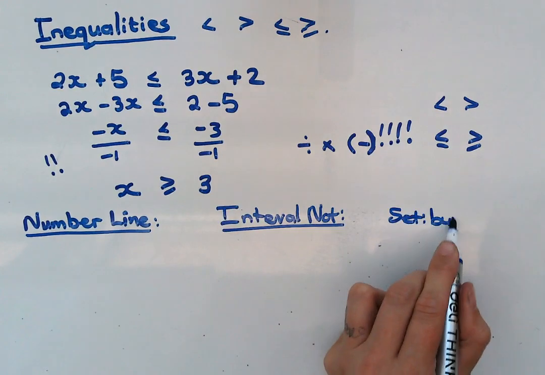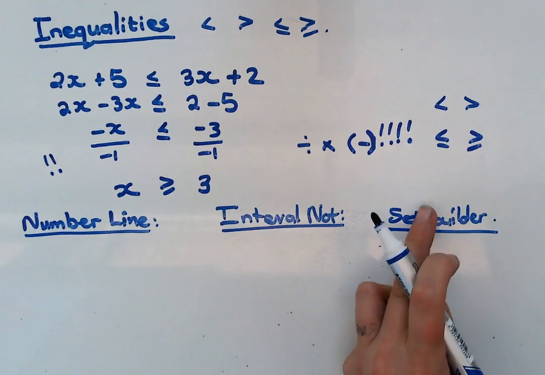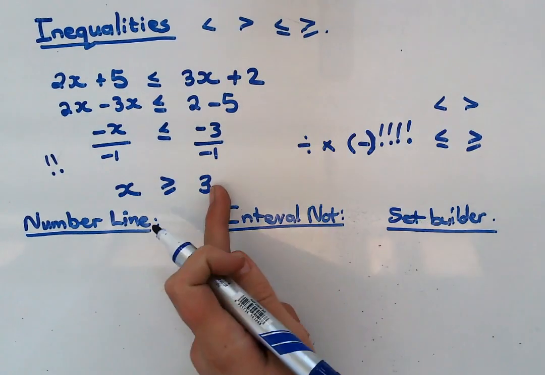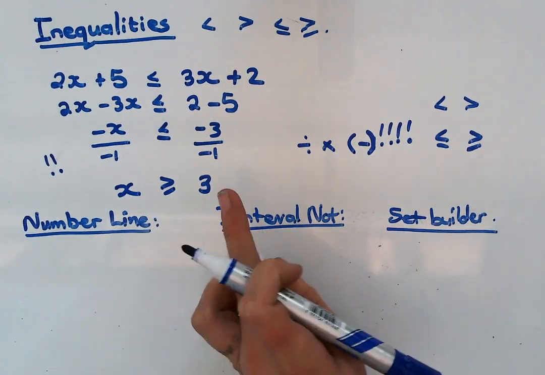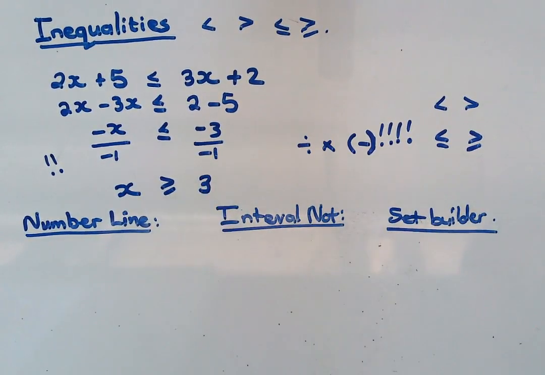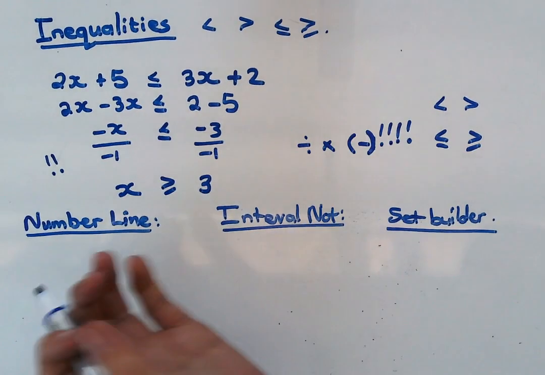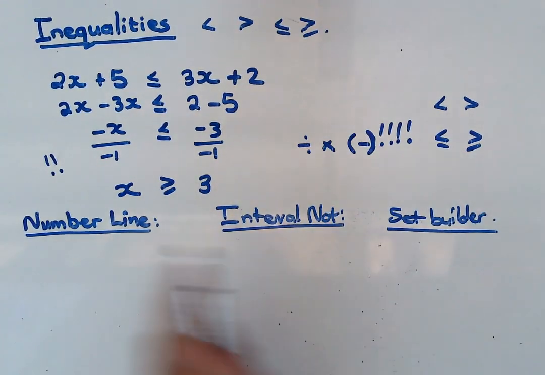So they can ask you to write this answer in interval notation, or you must present this on a number line, or you must write it in set builder notation. You must also be able to translate, if they give you a set of numbers in either one of the notations, to be able to write it into another notation.